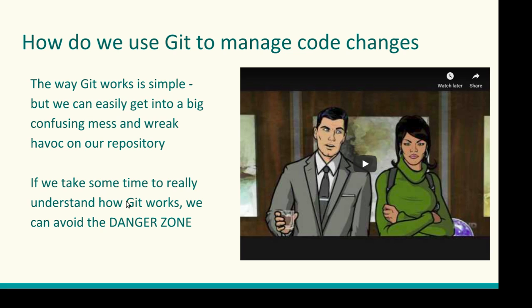So the way Git works, honestly, is very simple. It is not complicated, okay? It's really simple. But it's so easy to get confused and to mess things up, and it can get you in a state of panic, particularly if you're working against a deadline and you're trying to get changes in, and then suddenly things aren't working, and you pulled in your latest repo and things are broken, you don't know why, and it won't let you commit because you get messages that say you can't commit because you're behind or ahead, or you can't push because your repo is behind the remote repo.